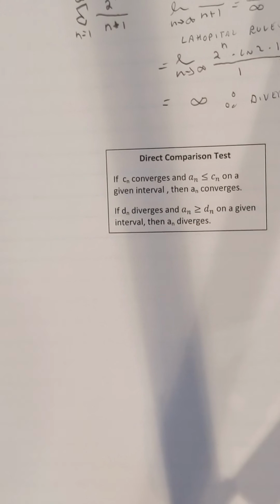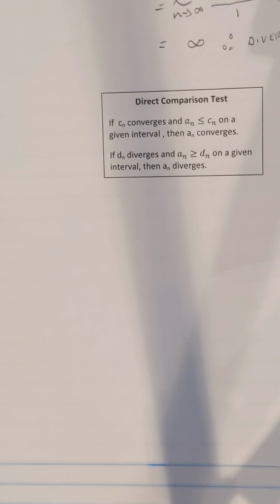It's comparison. I mean, that's exactly what this is. I'm going to take a function they give me and compare it to one that is similar. Let me give you a graphic description of that.